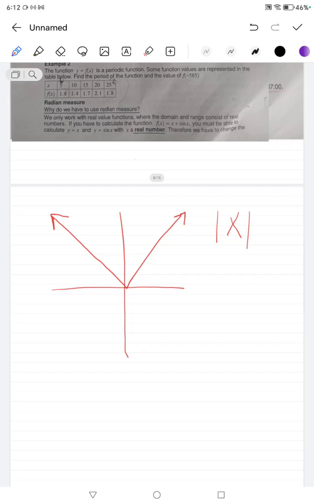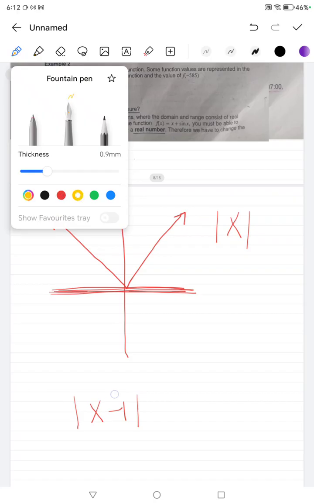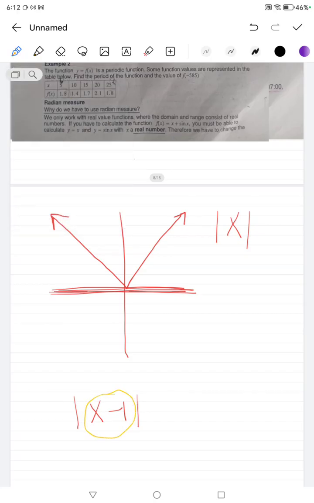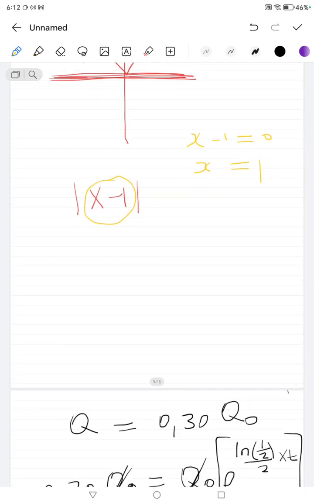So let's just say you have the absolute value of x minus 1. This is just going to be a shift along the x-axis, as I'm trying to highlight. So you're going to solve the internal part: x minus 1 is equal to 0, then x is equal to 1, then you draw the new graph.